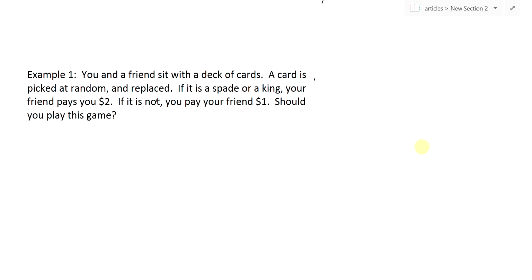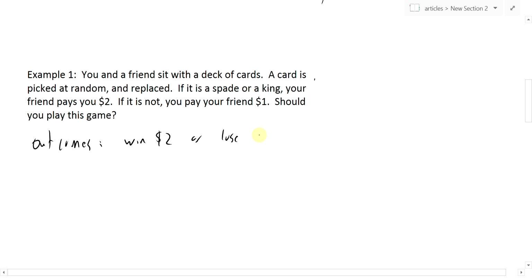So, what are the outcomes? Well, there's two outcomes. You can win or lose. Right? You win $2, or you lose $1, depending on what you pick. So we can set up our little probability table.